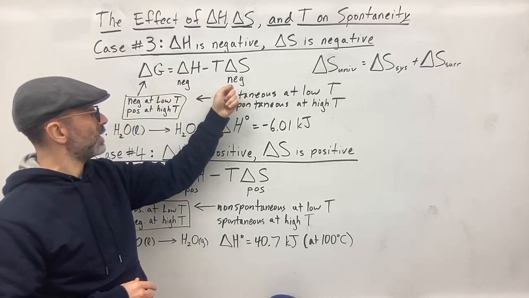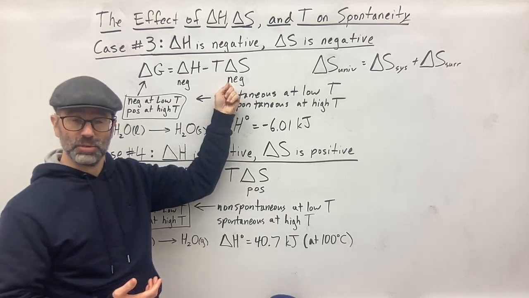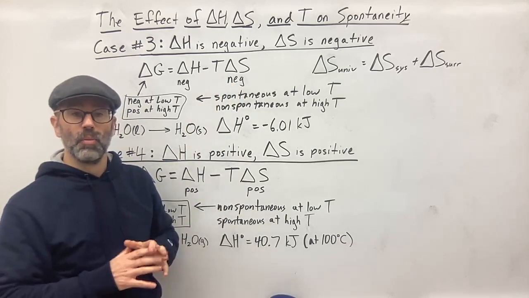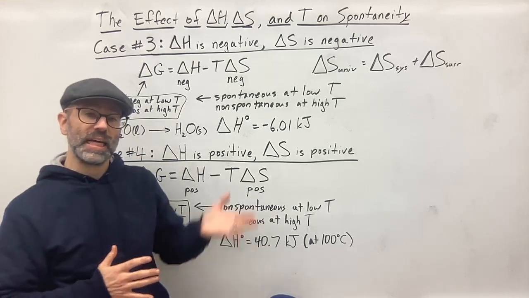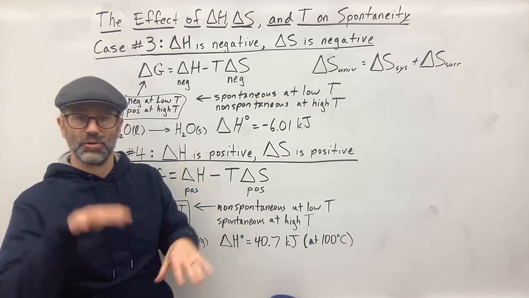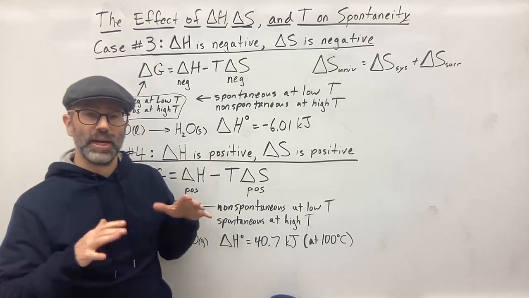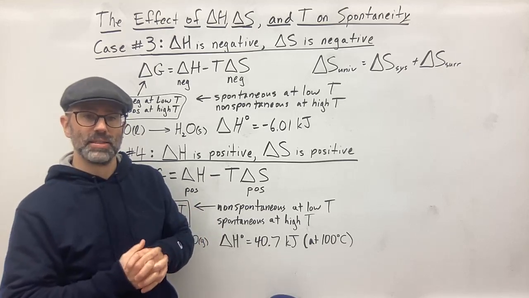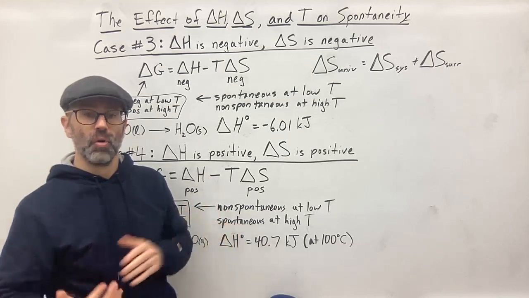But also you have a negative delta S of the system. So the system is decreasing in entropy, while the surroundings is going to increase in entropy. So there's different signs here. One's increasing, one's decreasing. And so here it's going to depend on temperature whether or not the process is spontaneous or not.